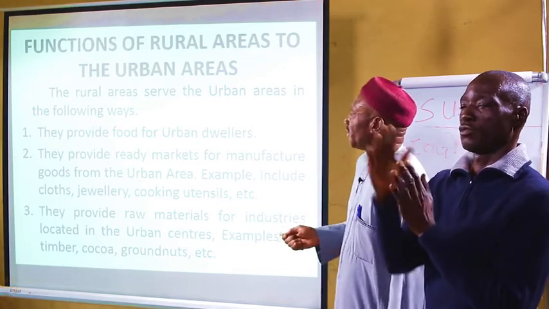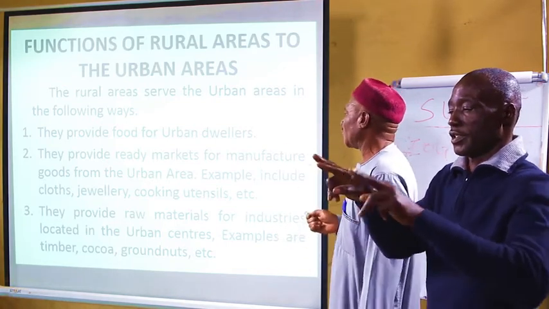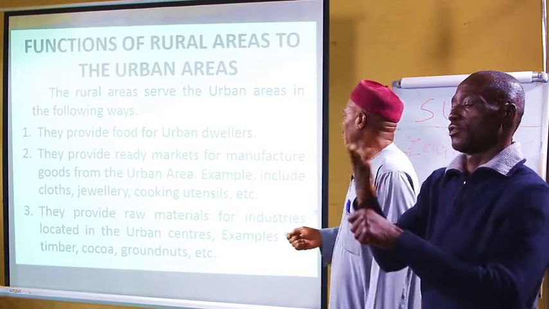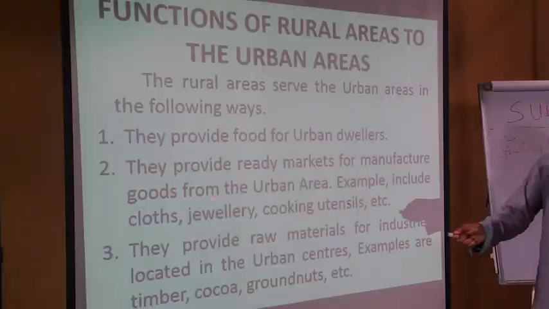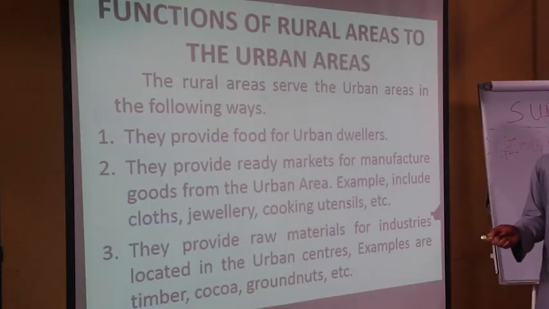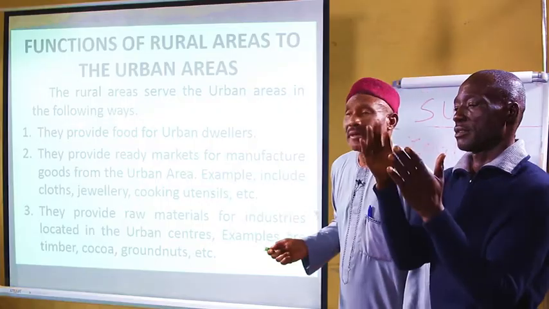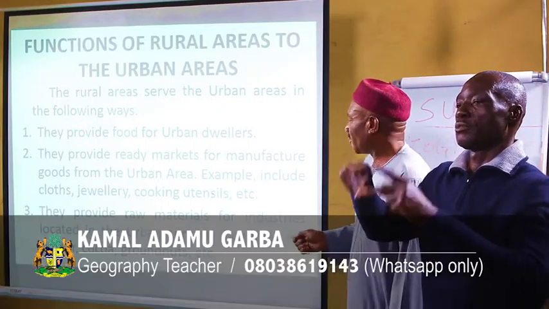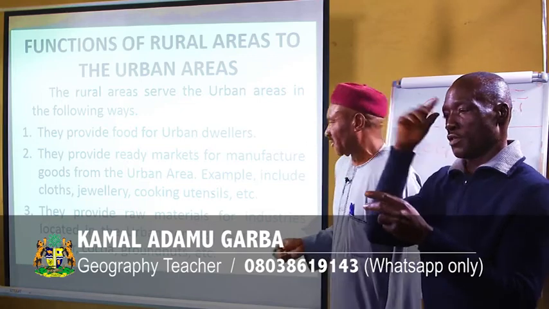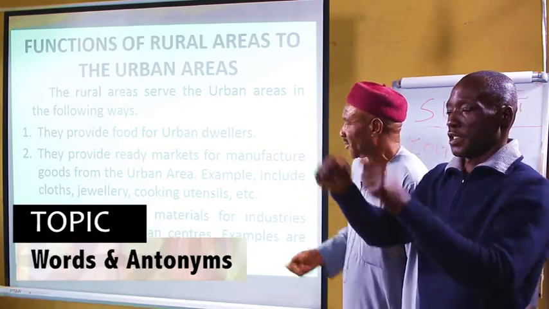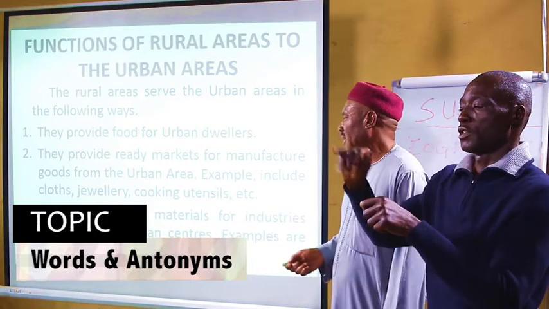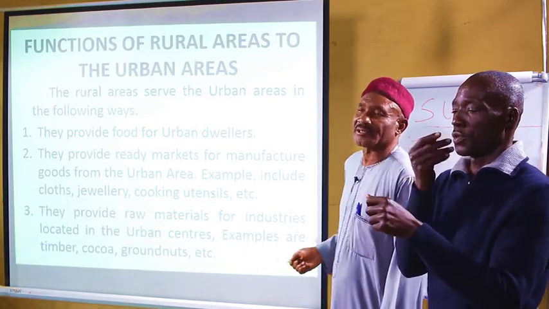Two, they provide a ready market for the manufactured goods from the urban areas. Examples include clothes, jewelries, cooking utensils, and so on. Three, they provide raw materials for industries located in the urban centers. For example, timber, cocoa, and granite, etc.